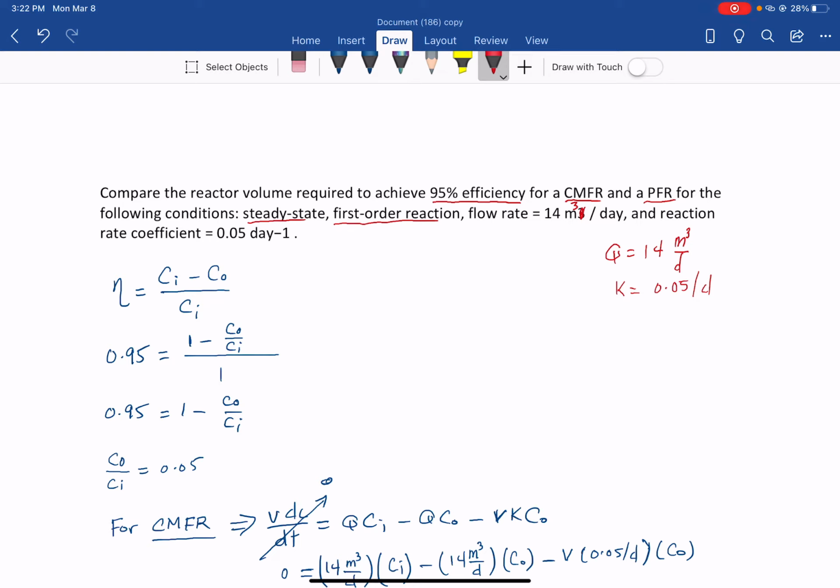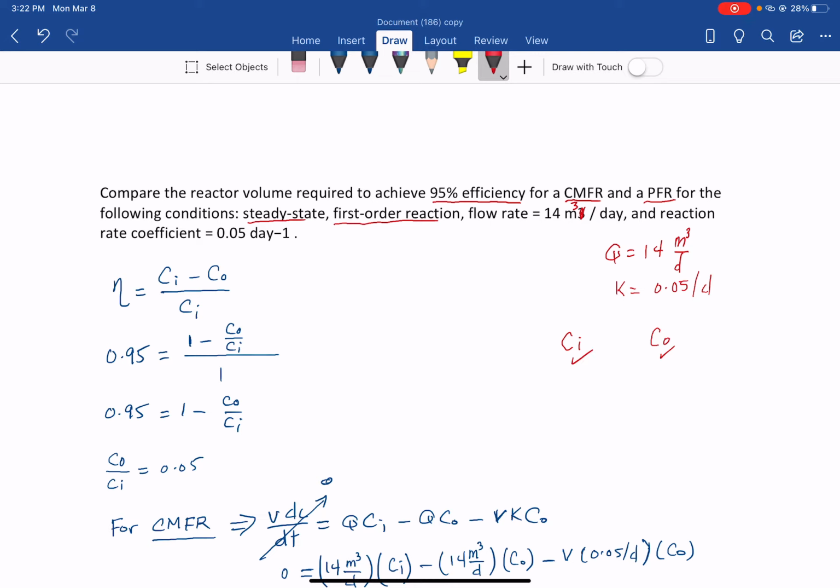So we will compare these two reactors. Now the efficiency is 95%. Remember, if you took statistics, you find the efficiency by dividing. Let's say you have concentration initial and concentration out. So this is the final and this is the initial.